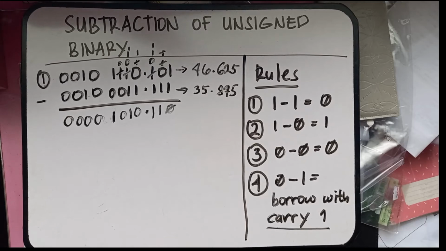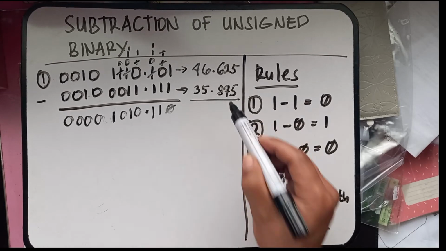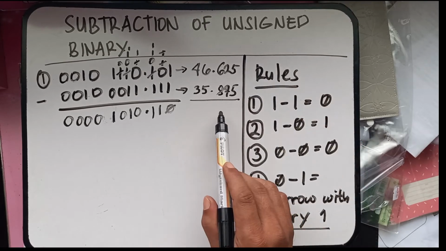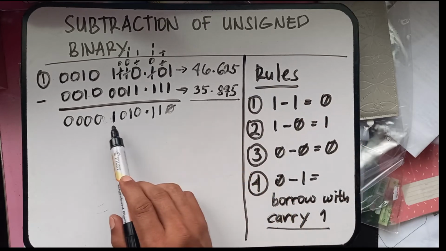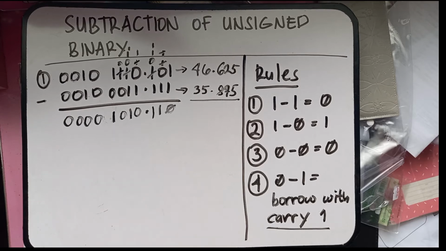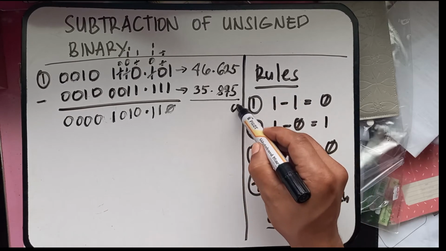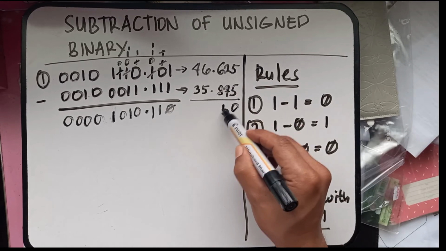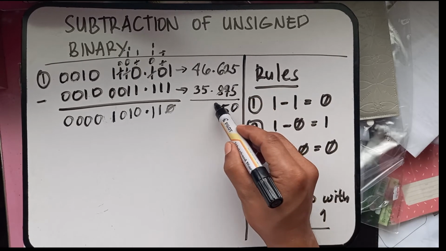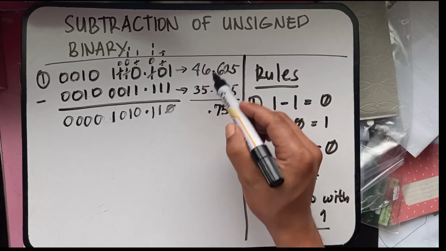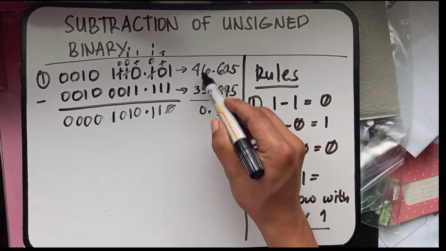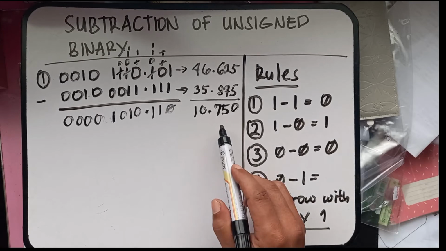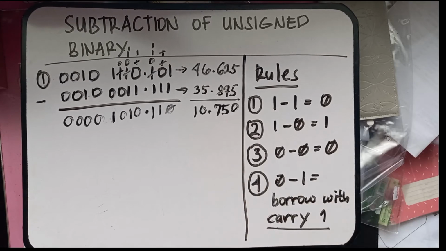Let's check after subtracting this if the answer is the same as the answer we have in binary. So we get 10.750.